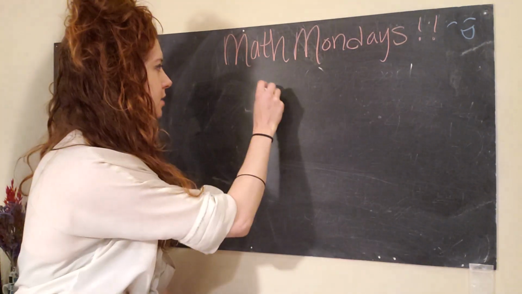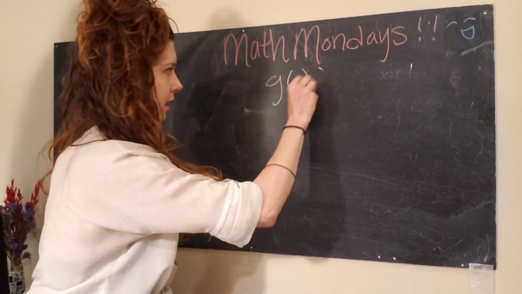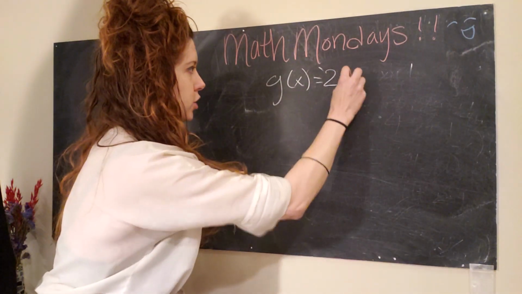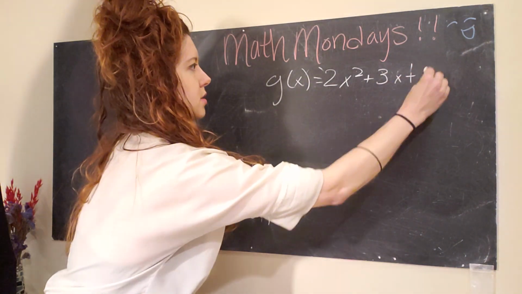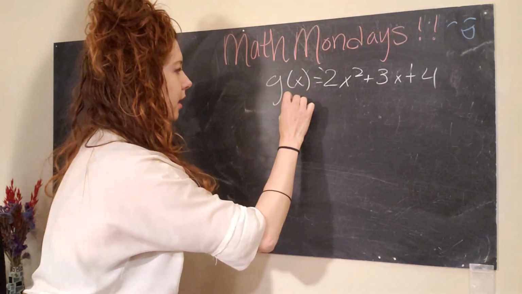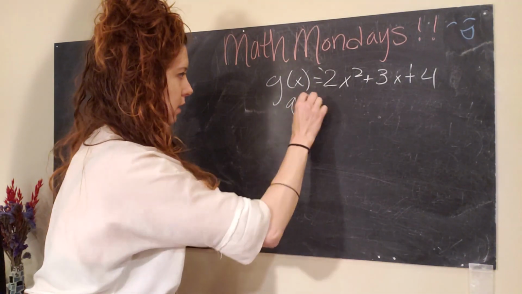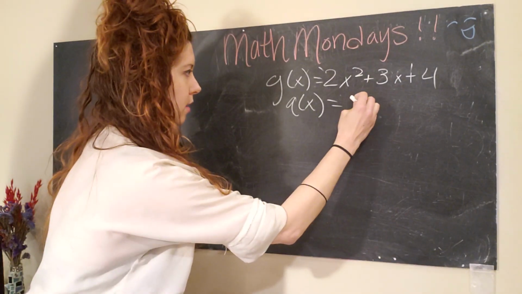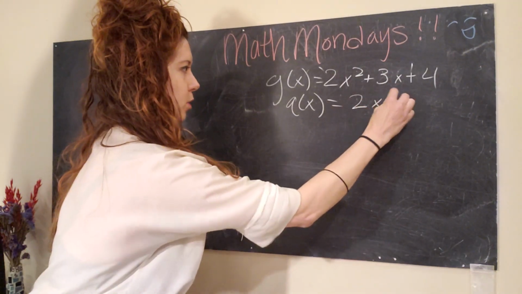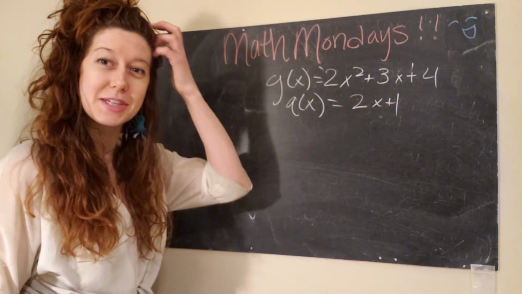So let's say we have g of x equals 2x squared plus 3x plus 4. And we're going to do a q of x, because I like the letter q, of, oh, I don't know, 2x plus 1. That's an easy one to do.